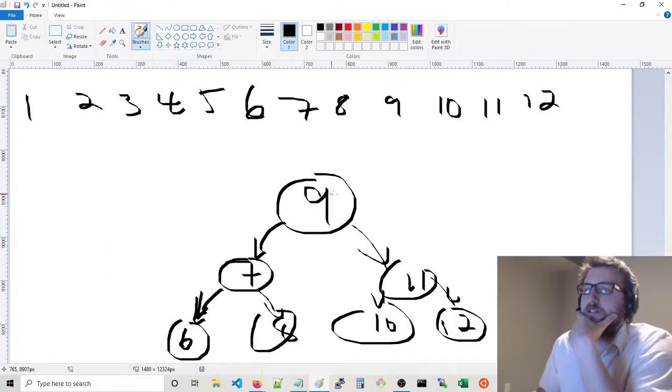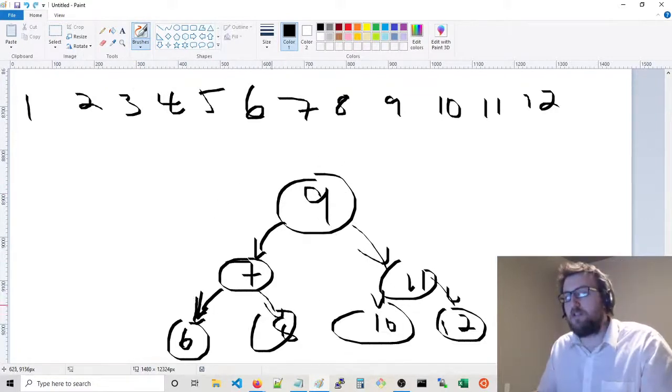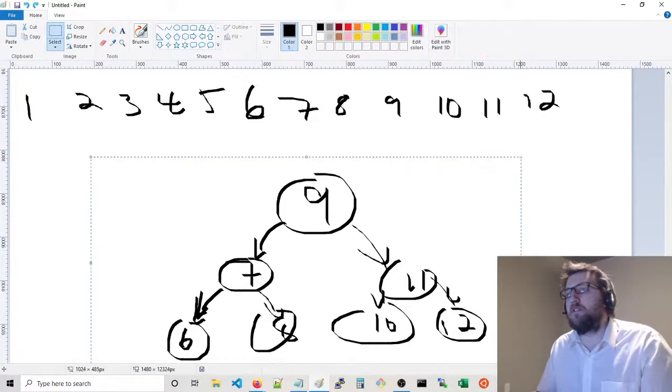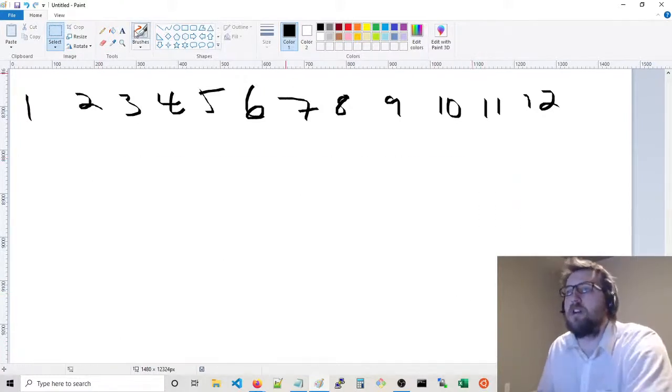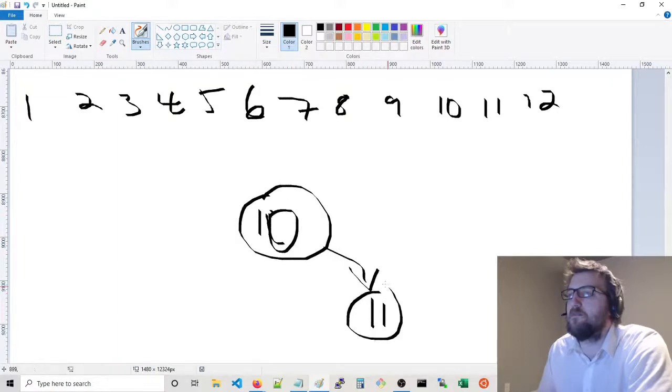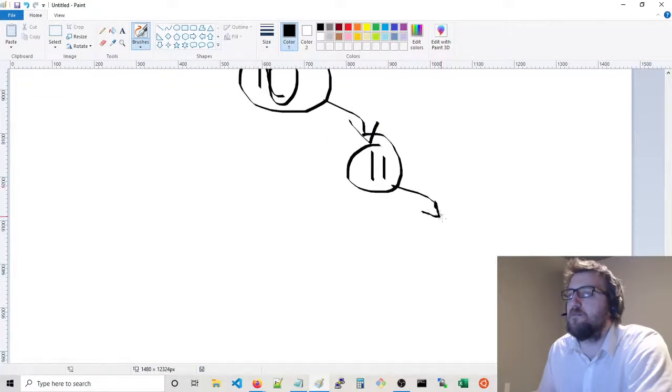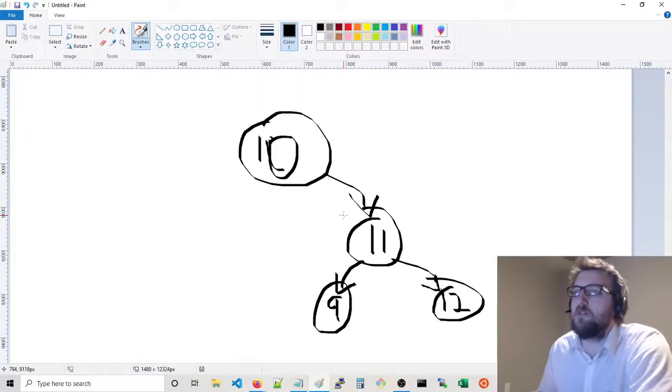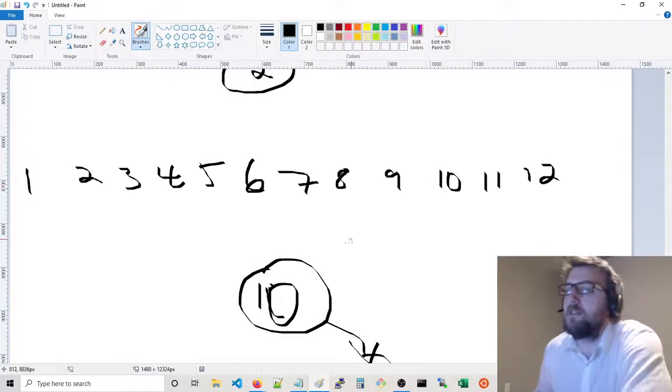This isn't good either because this is 16, and if we have anything below here, so we probably want to put something even higher up there. Let's put 10 up there. I'm actually not sure if that really helps us very much.